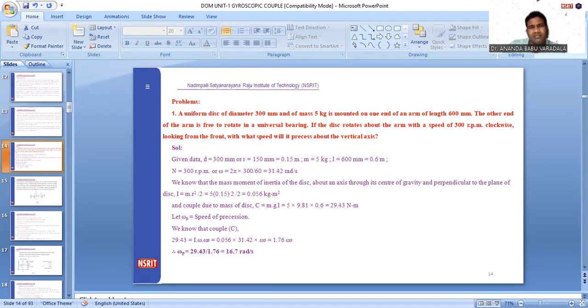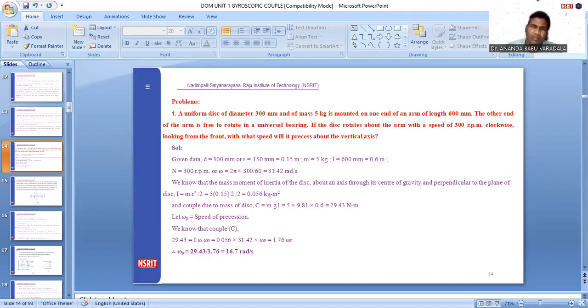Here the important concept is what we have learned in the gyroscopic couple concept. The gyroscopic couple C equals the product of the mass moment of inertia, the angular velocity of the disc omega, and the precessional angular velocity omega p. And in this problem, we have the formula for the couple due to mass of the disc, C equal to m g l.